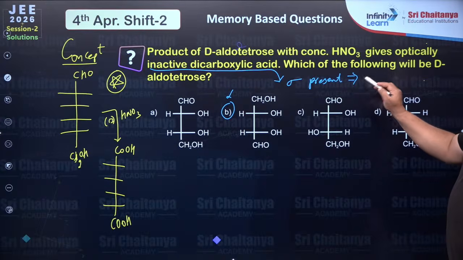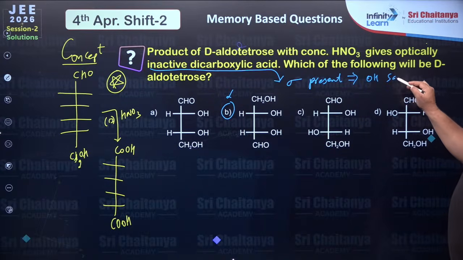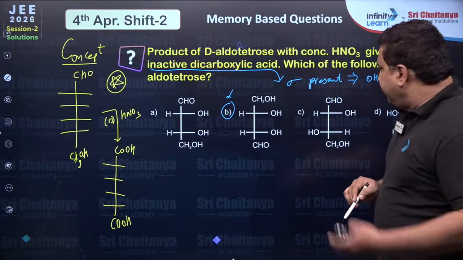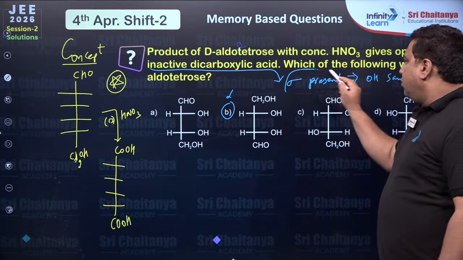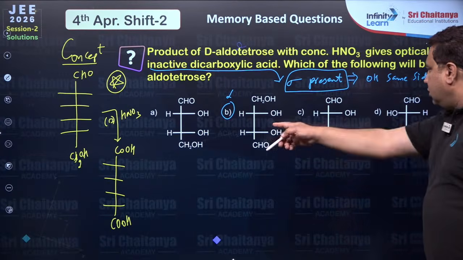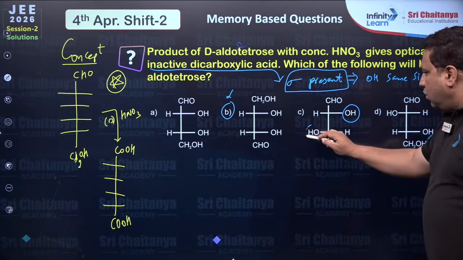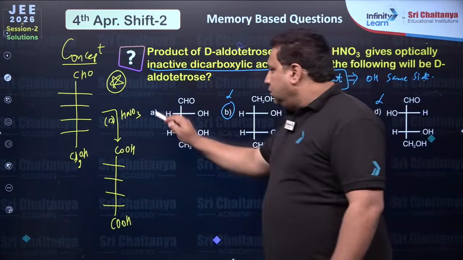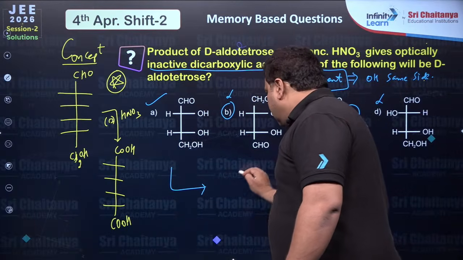If the sigma should be present, then OH must be same side. Am I right everyone? Everyone agree? If a sigma must be present to show optical inactivity, then OH must be same side. So this is already out. Here you can see OH are opposite. Here you can see OH are opposite. So the left over answer is what? Option A. If you want the answer, I can draw for you.